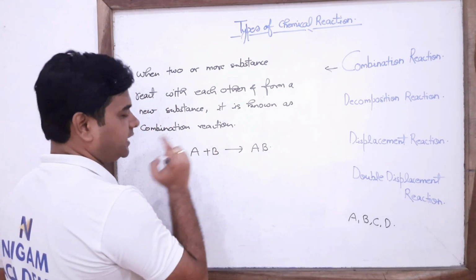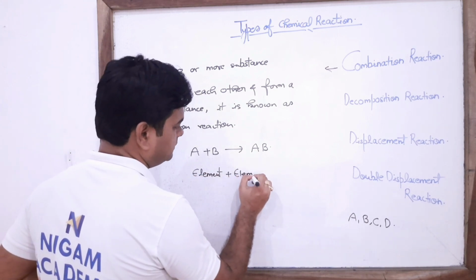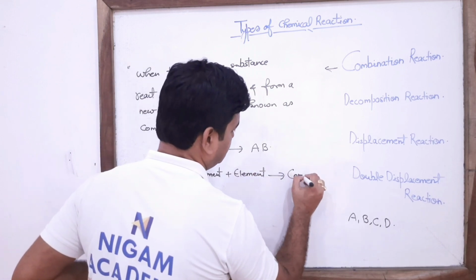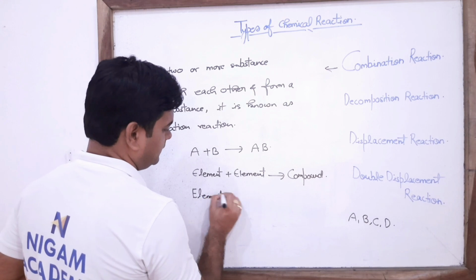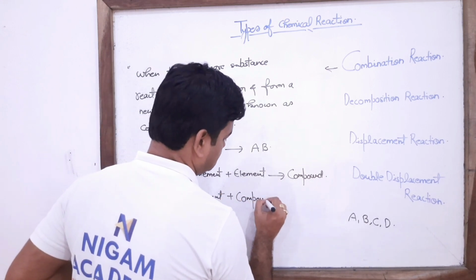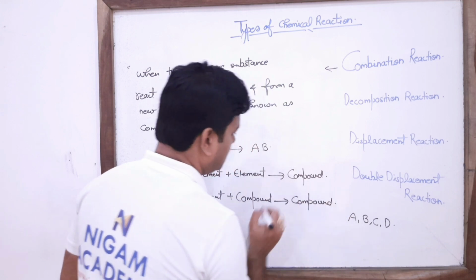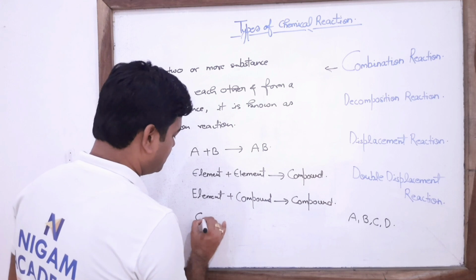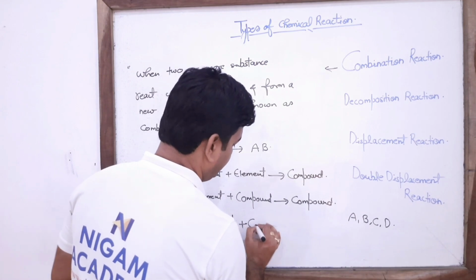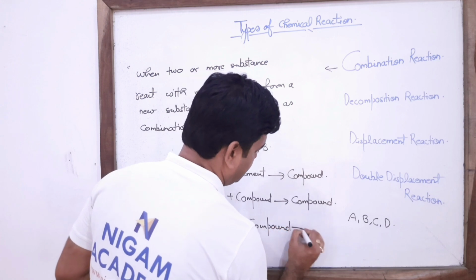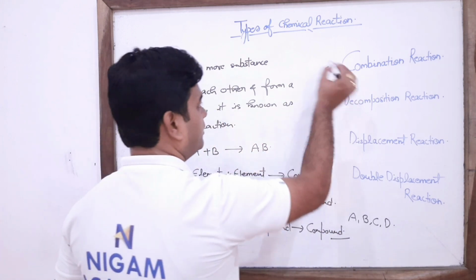Now this A, B and AB, it could be an element plus an element forming a compound, an element and a compound forming a new compound, or there are two compounds and when they react with each other, they form a new compound. All these types of reaction is known as combination reaction.